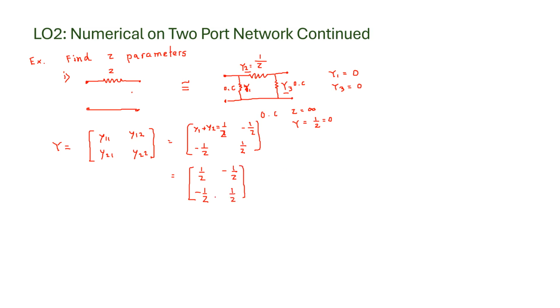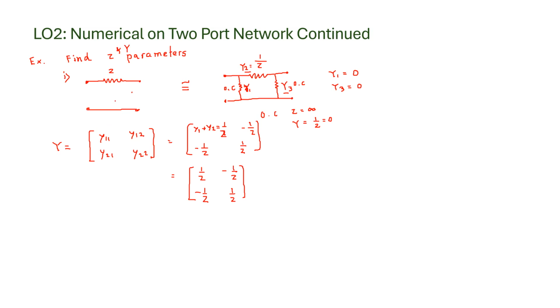Now we have found the y parameters, but we require z parameters. This question can be written as: find z and y parameters. I will do both things in one problem.